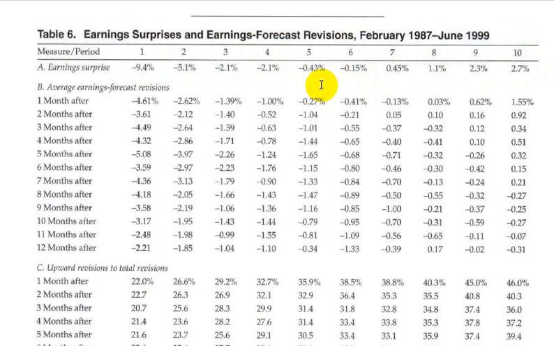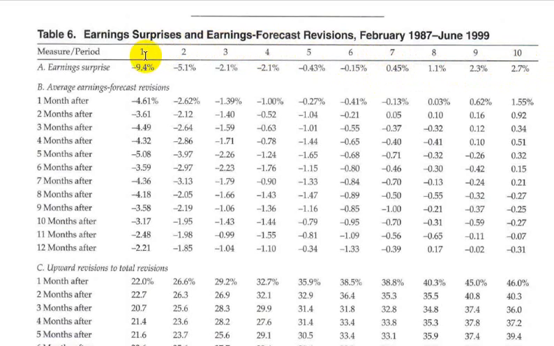So in the study here, we find that in the top momentum portfolios, these are the ones with the highest past returns, there are positive earnings surprises. So that would mean that analysts typically might be too pessimistic about the earnings of these companies, and so they end up being surprised with positive earnings announcements.